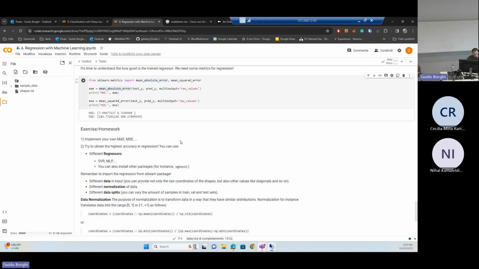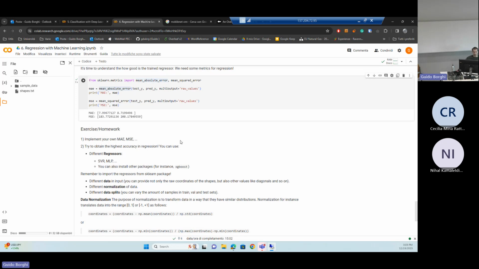You can also try to install other packages, such as, for example, the package XGBoost, that is a package for boosting, as the name reveals. You can also try to include the input data triangle. You can try to normalize data in a better way.